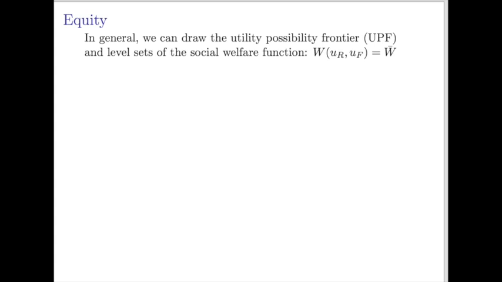And then we could also draw the equivalent of indifference curves for these utility distributions. So we draw a curve through all the pairs of utilities for Rob and Friday such that the social welfare is W bar. And we do that for all W bars. And this gives us something very similar to an indifference curve. So they'd be indifference curves of society.